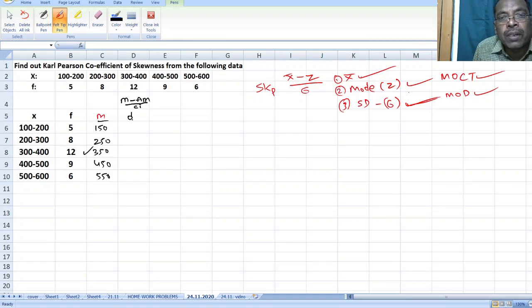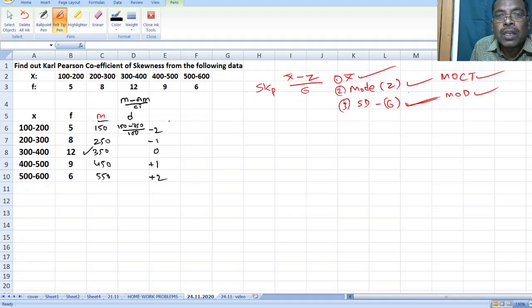What is this mid value? 150. 150 minus 350 divided by 100 is equal to minus 200 by 100, which is minus 2. In the same way here minus 1, here 0, plus 1, plus 2.